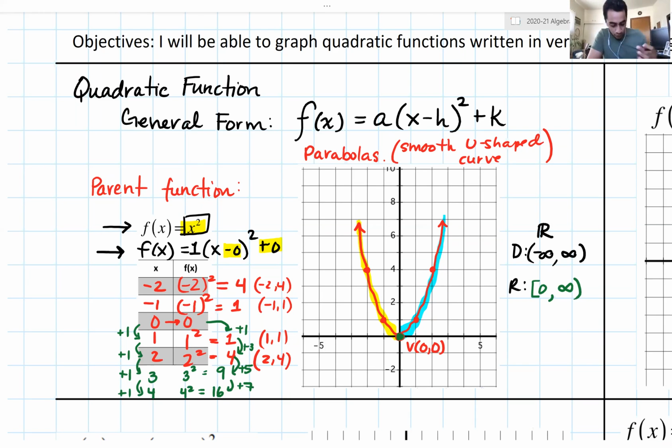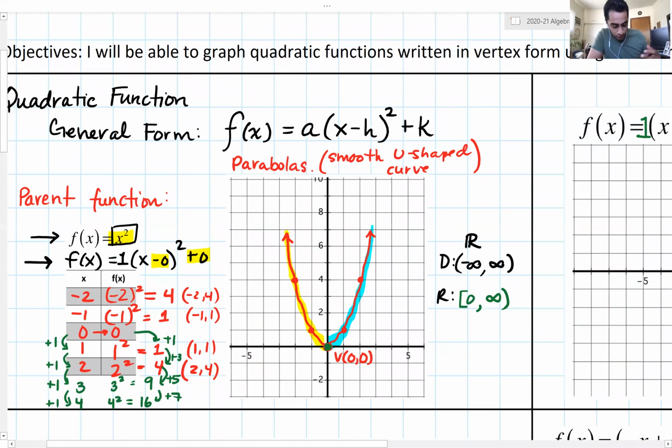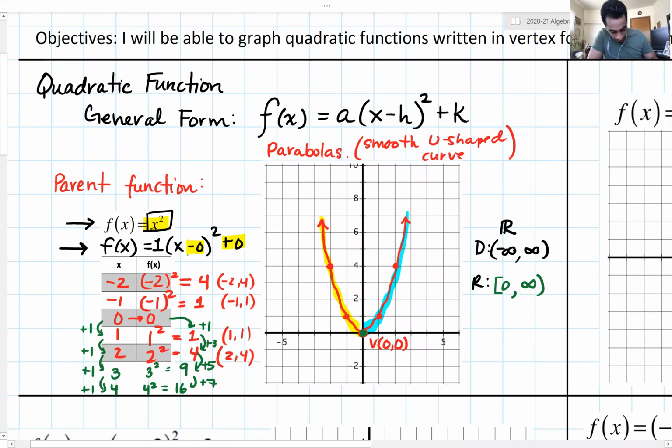Okay? So the pattern occurs in this way, 1, 3, 5, 7, when the A value is 1. Okay, that is the standard pattern. When the A value changes, sometimes the pattern will double or it will triple. Right?